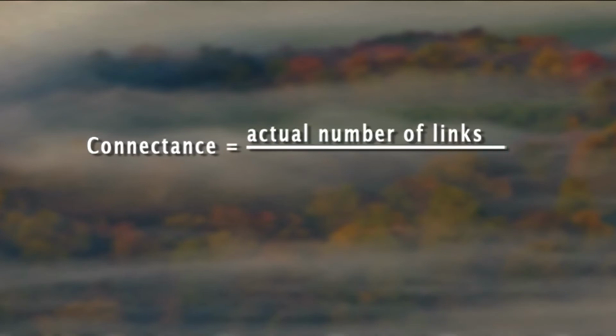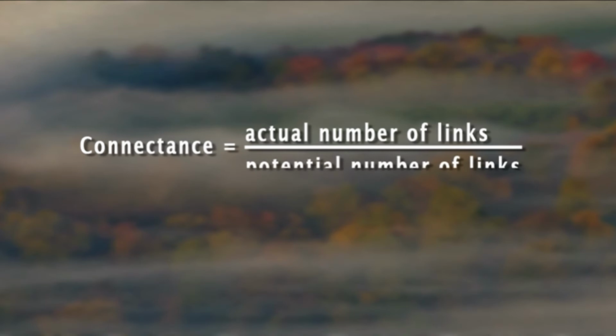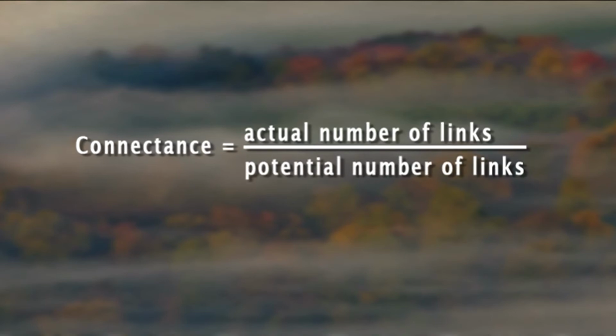The second measure is connectance, which is given by the ratio of actual number of links and potential number of links. In an ecosystem of n species, the number of potential links is given by the following formula.